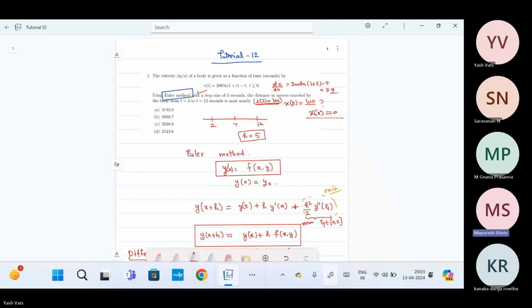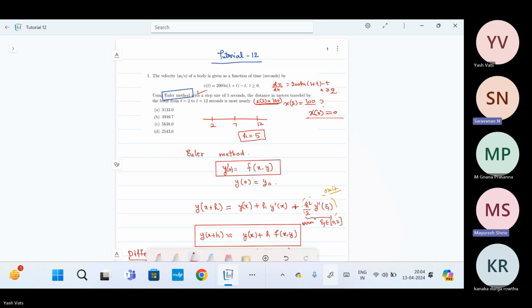So here also ds by dt is equal to the function. Now I have assumed that t is equal to 2 and that the initial displacement is 0. So with that, the first step, that is S1, is equal to S0 plus h into f of x0, y0.